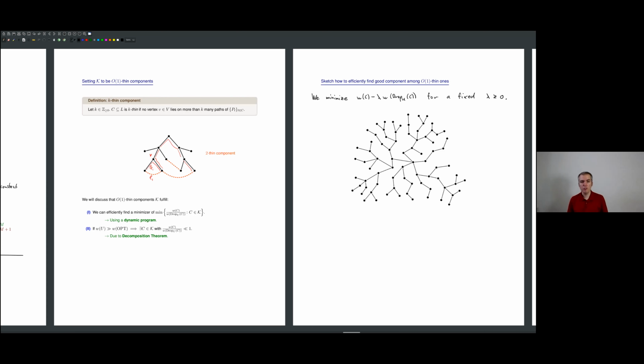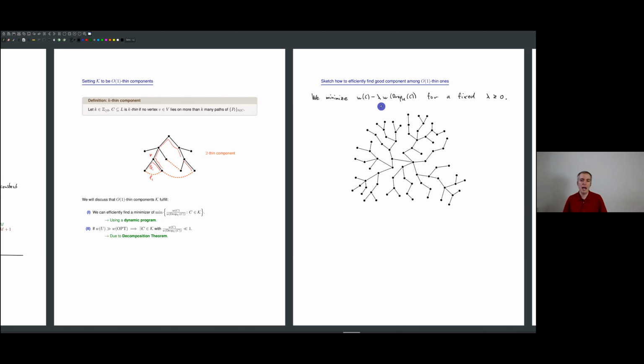If I can show you that you can do that, then I claim you can also find a minimizer of the ratio, or at least approximately, because if I knew what the minimizing ratio is, I could use that as lambda, and then any non-empty minimizer here would be precisely a minimizer of that ratio.